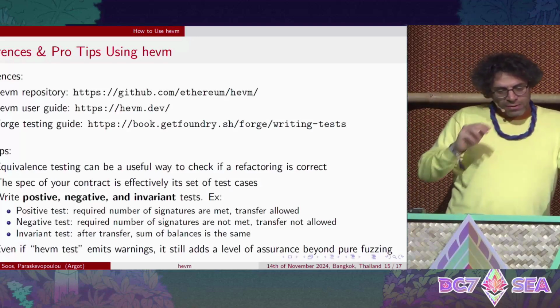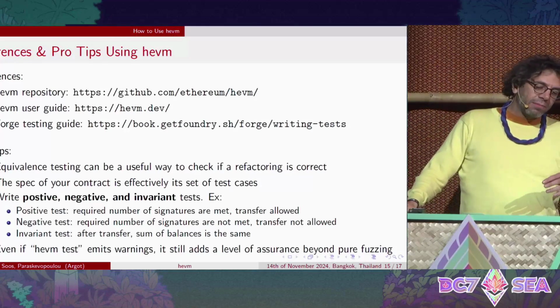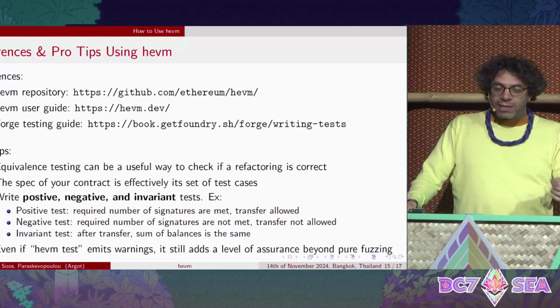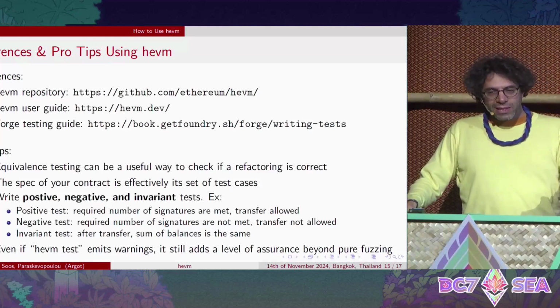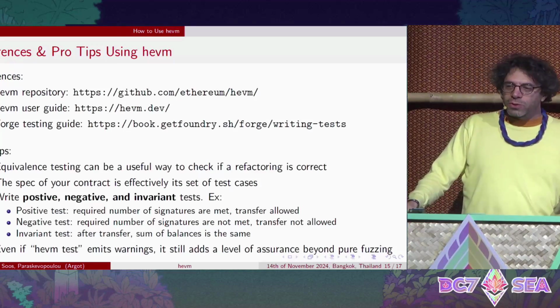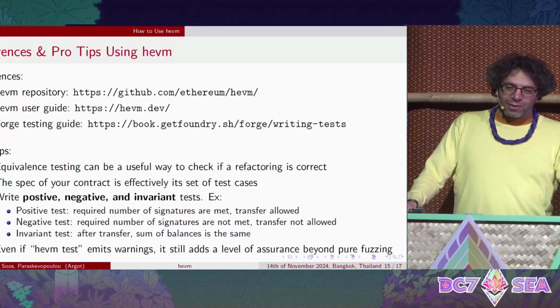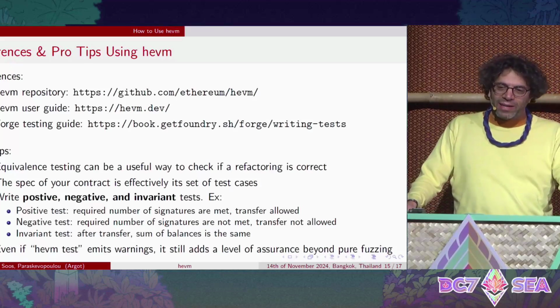And just a note, even if hevm test gives you warnings and shows you that some of the things it couldn't do, it doesn't mean that it's useless in any way, shape, or form. Complete coverage is kind of a myth, something we want to get to, but it's very, very difficult.